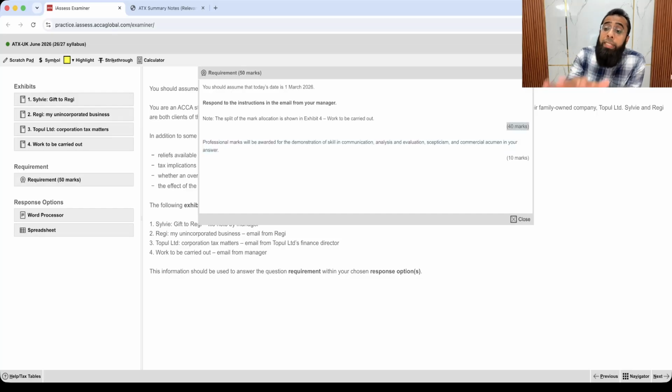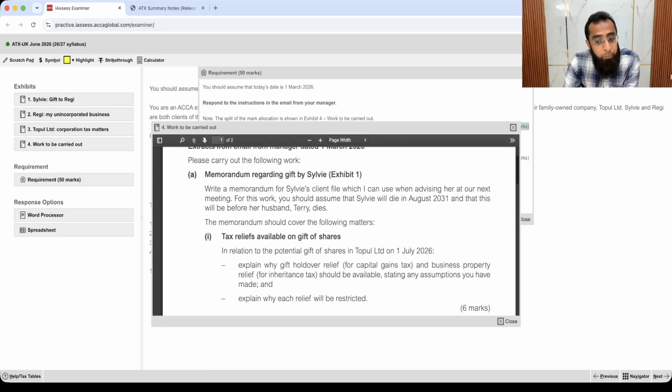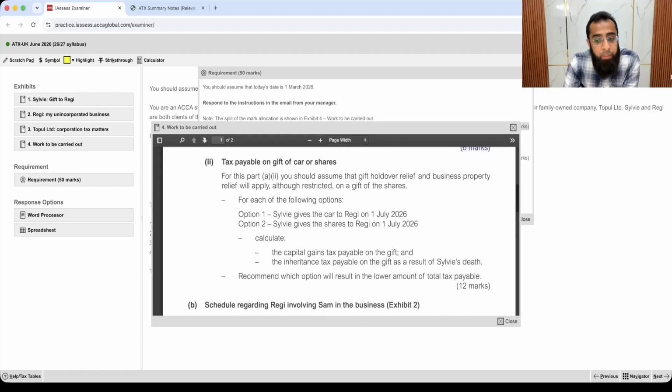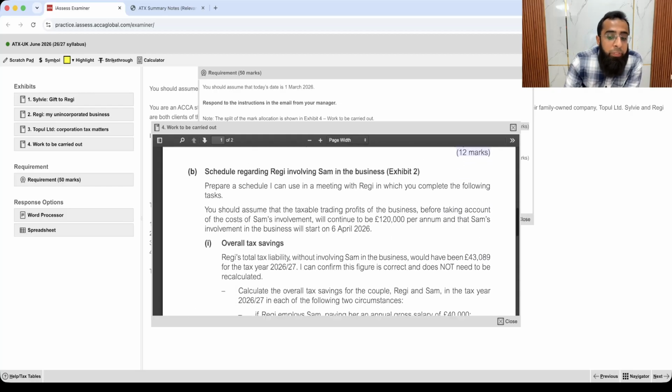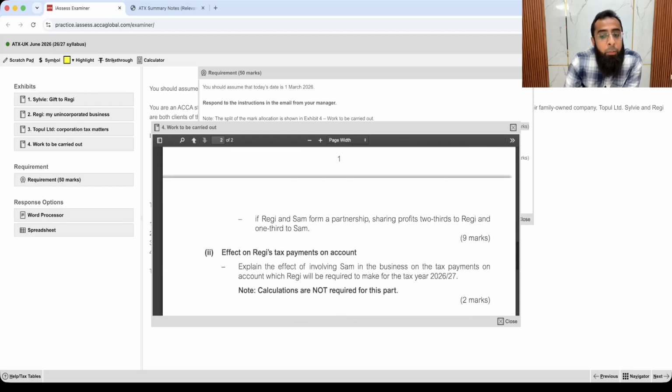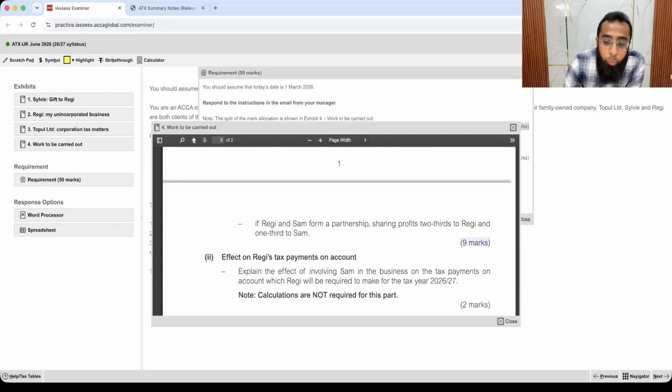You will only attempt requirements of 40 marks. 10 marks are additional. It's a gift if you attempt your answer in a professional manner. Okay. See, your requirements are of 40 marks only. First requirement, 6 marks. Then 12 marks. So 6 plus 12, 18. Plus 9 marks. So 18 plus 9 is 27.